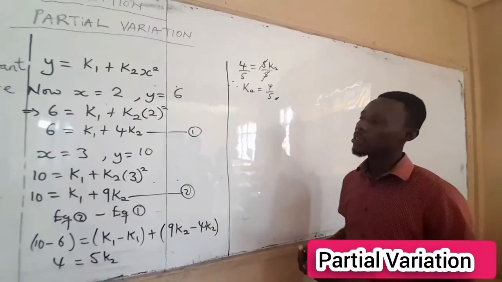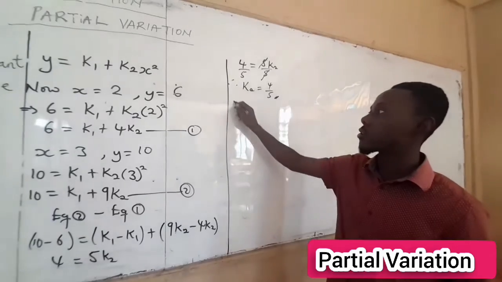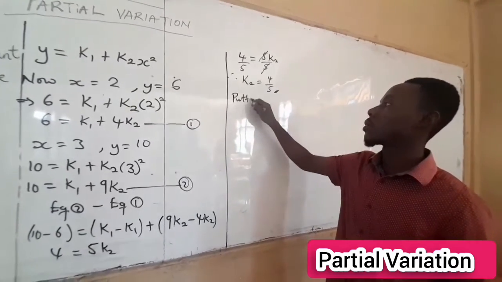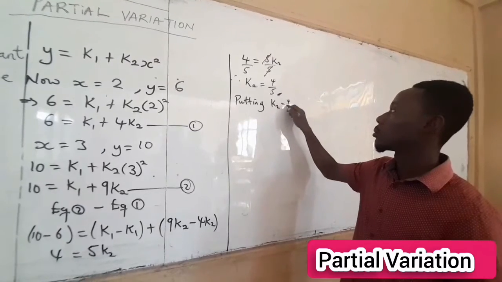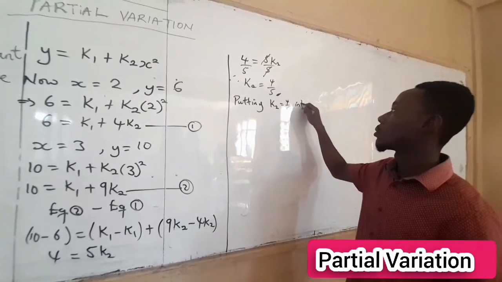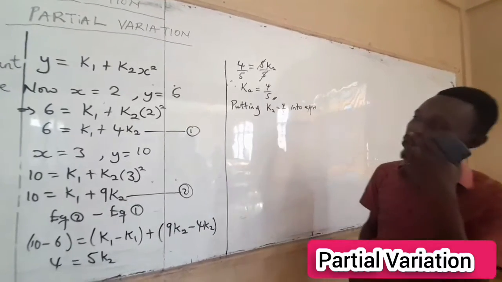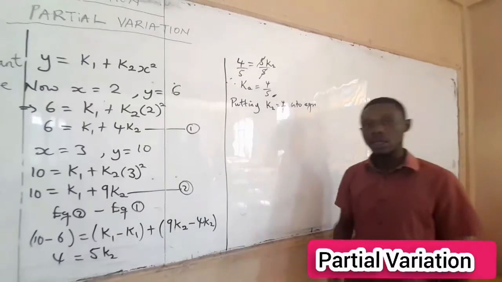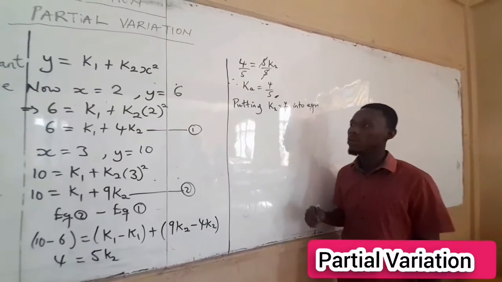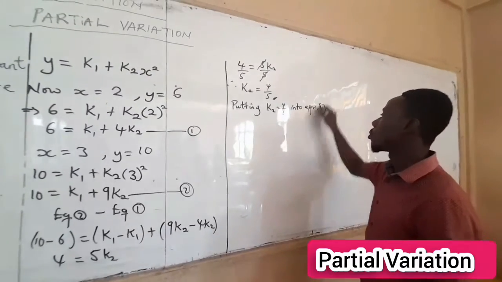Let's move on to find the k1 value. We have two equations, equation 1 and equation 2. Any of them will give you the answer. So I will put it into equation 1.